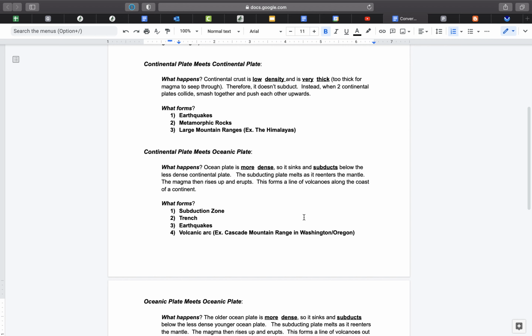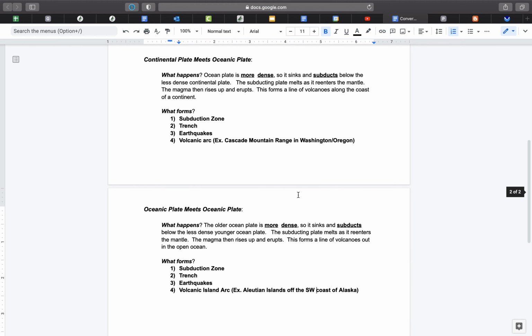And then also you get seismic activity or earthquake events in those areas as well. And that's because the continental plate and the oceanic plate interact a little bit differently than other plate groupings, because subduction occurs anytime you have at least one oceanic plate.